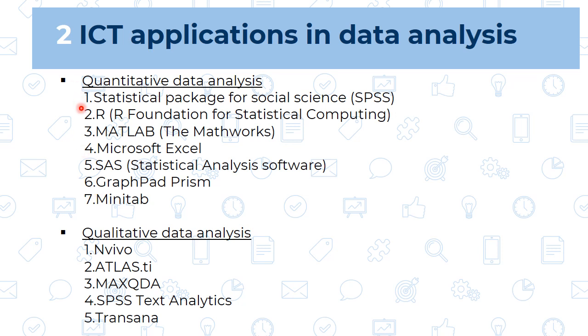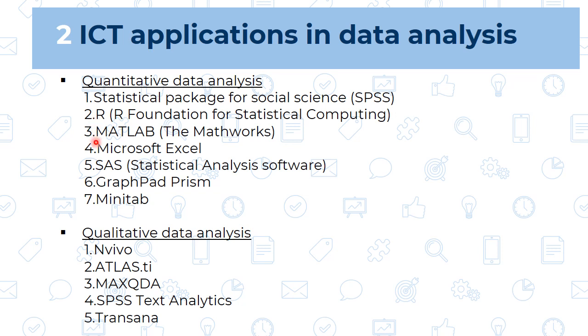So first is SPSS, that is Statistical Package for the Social Sciences. It is very advanced and rich with a lot of features and functionalities. Then second, that is R. This is free software, an environment for statistical computing and graphics, and it provides a wide range of statistical and graphical techniques, and it is highly extensible also.